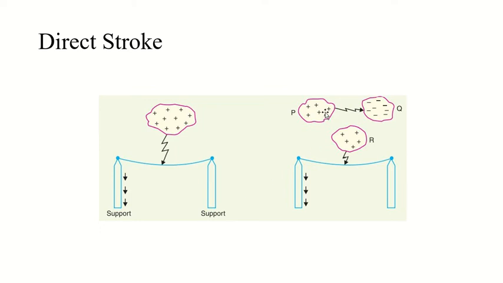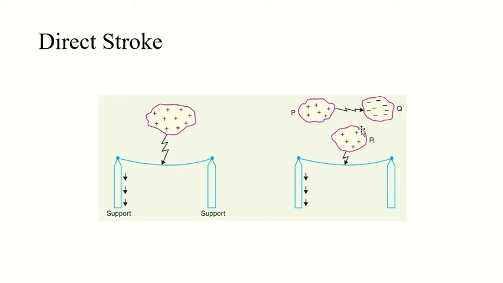As you can see here, we have three clouds: cloud P, cloud Q, and cloud R. Cloud P is positively charged, Q is negatively charged, and R is positively charged again. Now what will happen?